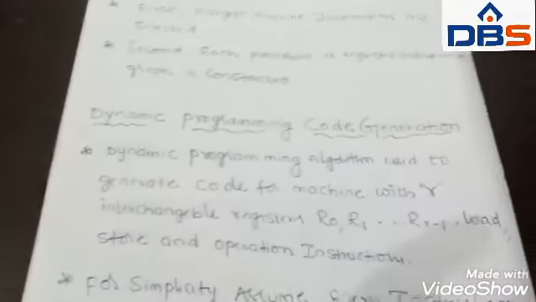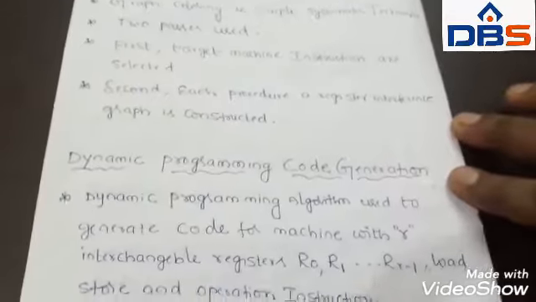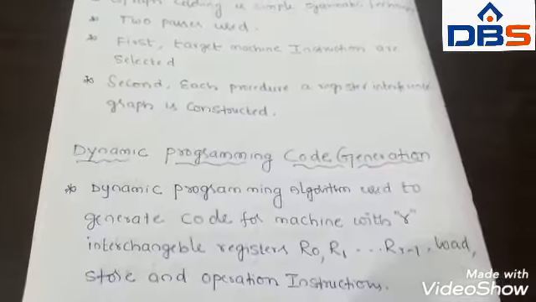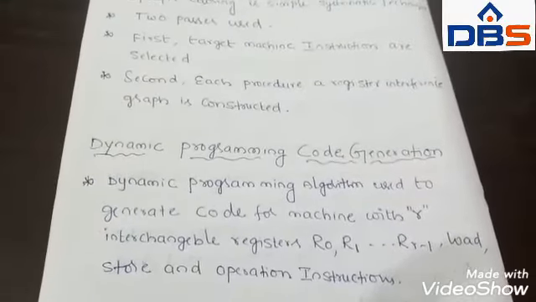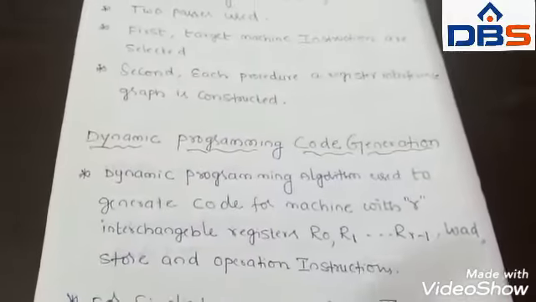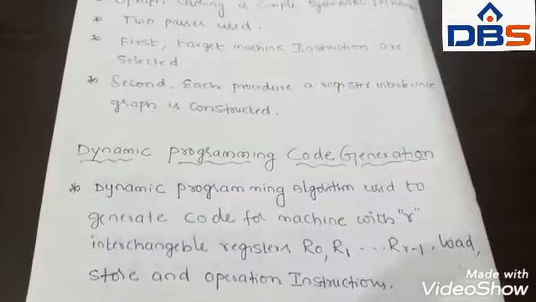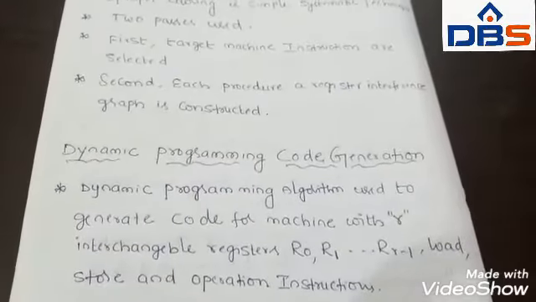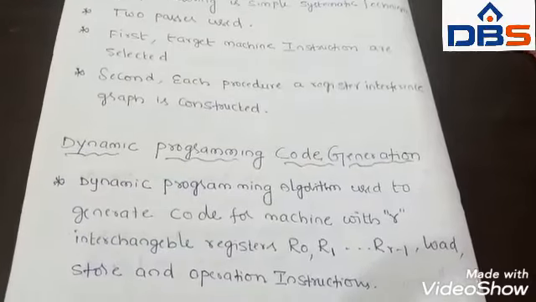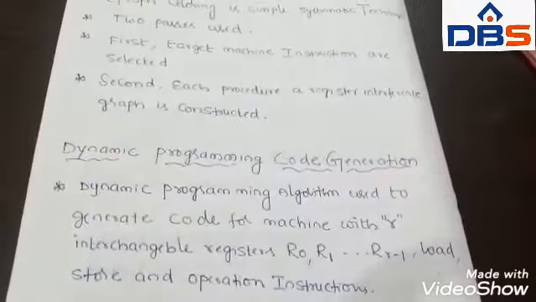The second topic is dynamic programming code generation. Generally, an algorithm based on the principle of dynamic programming can be used to extend the class of machines for which optimal code can be generated from expression trees in linear time. The dynamic programming algorithm applies to a broad class of register machines with complex instruction sets.